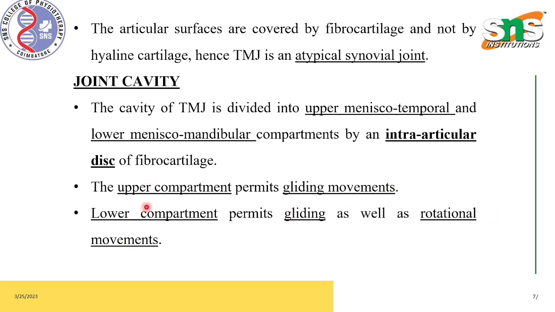These two points are important to remember, because they will be useful for your kinematics, arthrokinematics and osteokinematics of the temporomandibular joint. So again, the upper compartment permits gliding movements only, while the lower compartment permits gliding as well as rotational movements.